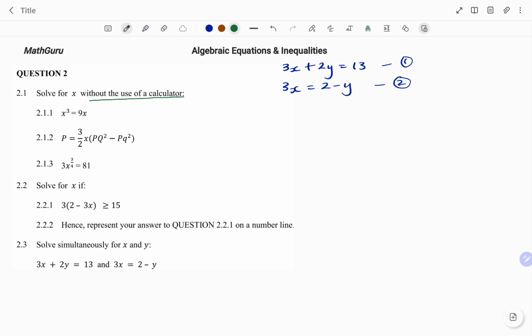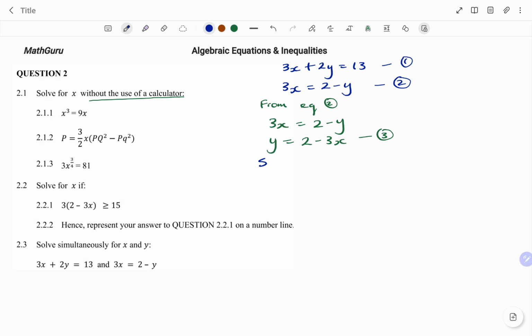So from equation 2, equation 2 says 3x equals 2 minus y. I'm going to make y the subject of formula. So therefore, my y equals 2 minus 3x. And that will be my third equation.